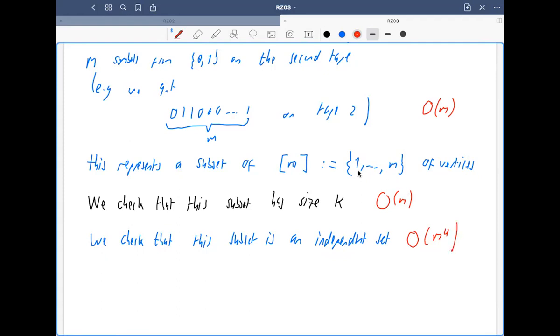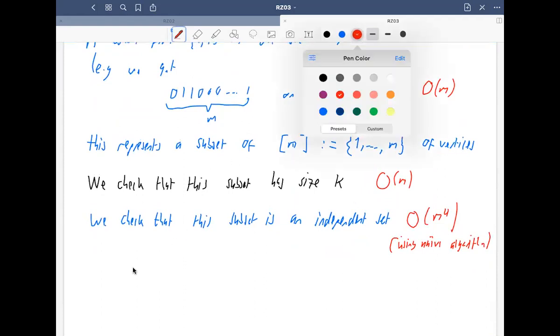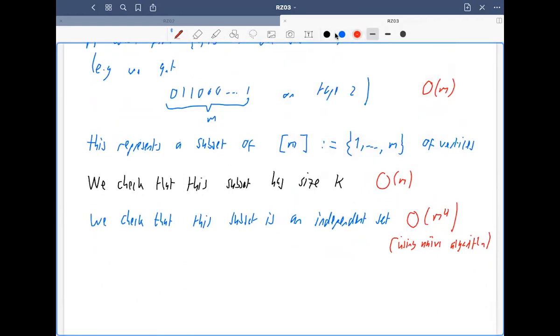So here, if using the naive algorithm, one can be cleverer here. And so overall, if all checks are okay, accept, else reject.